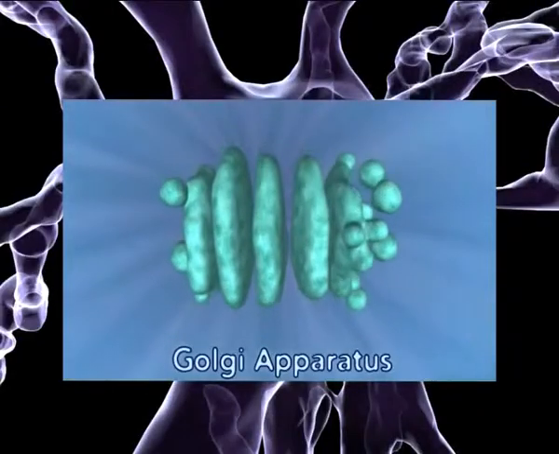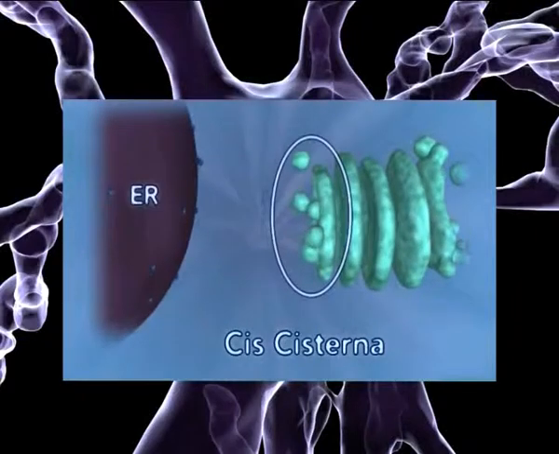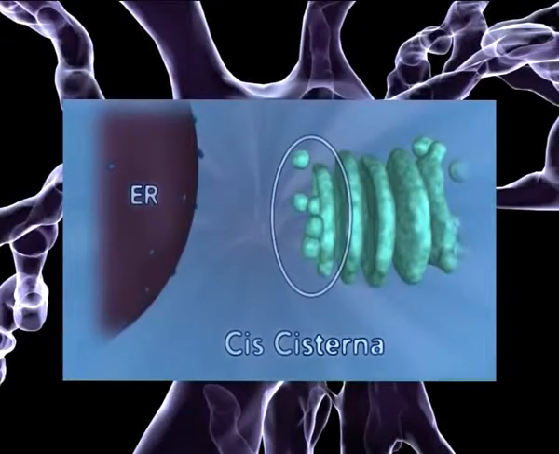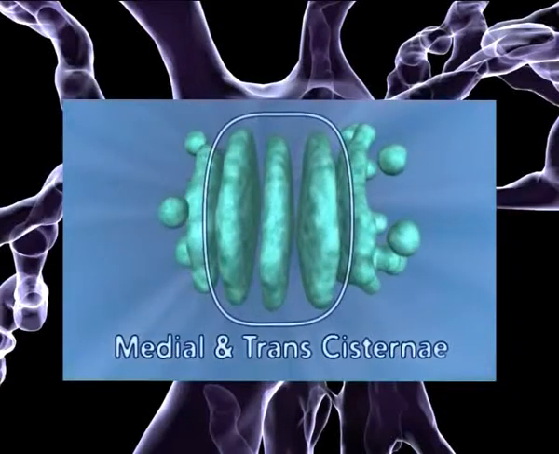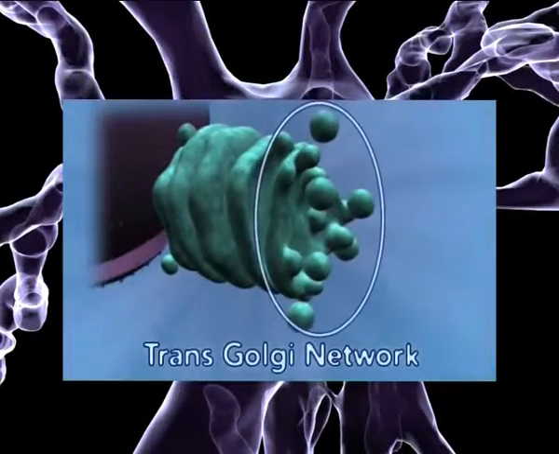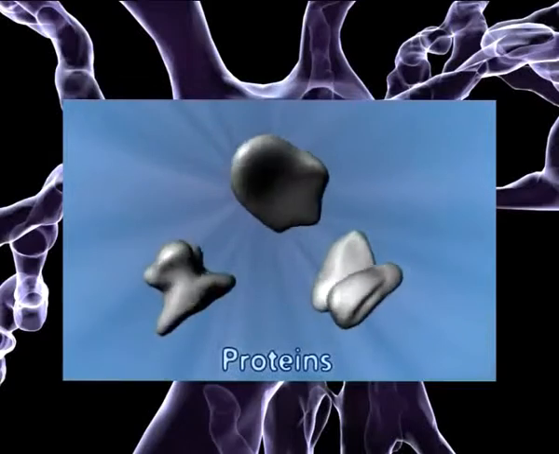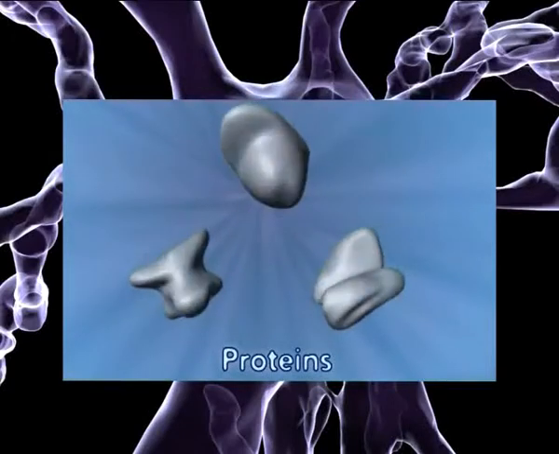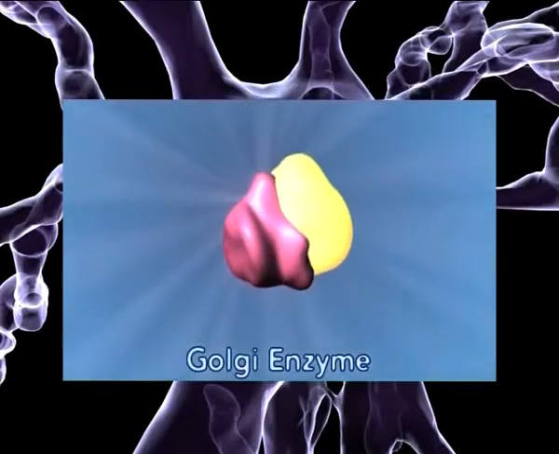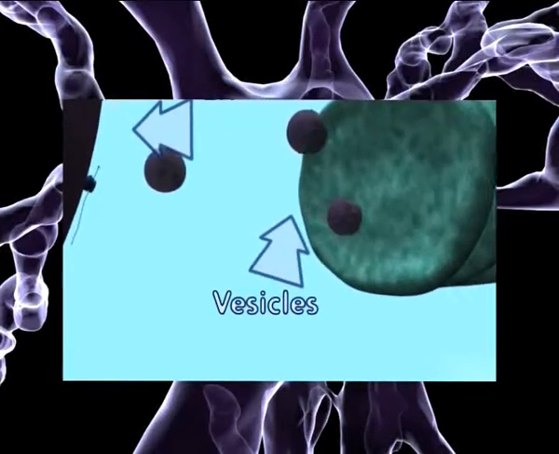The Golgi apparatus is often considered the distribution and shipping department for the cell's chemical products. It modifies proteins and lipids or fats that have been built in the endoplasmic reticulum and prepares them for export outside of the cell or for transport to other locations in the cell.